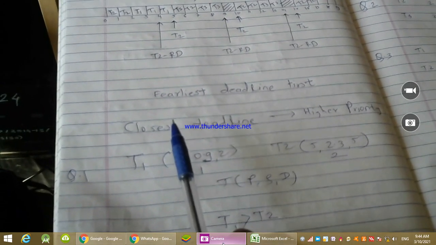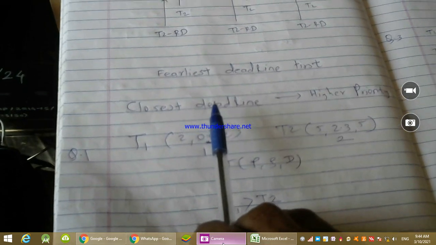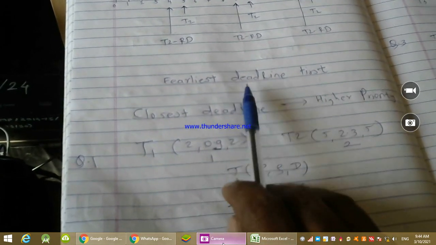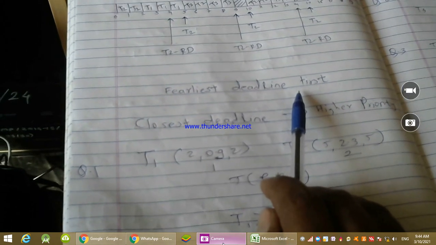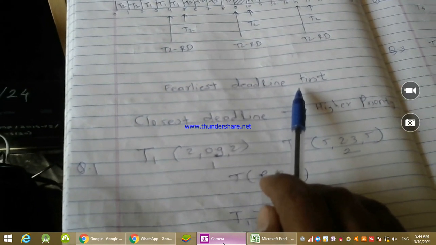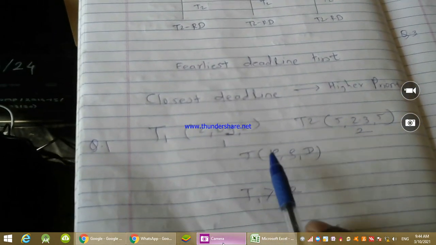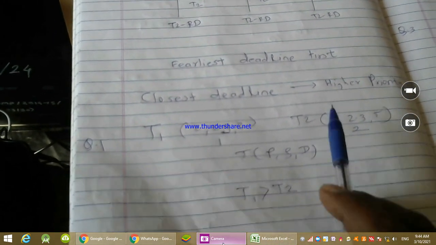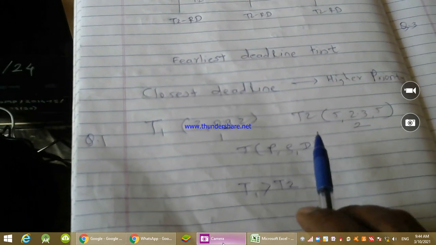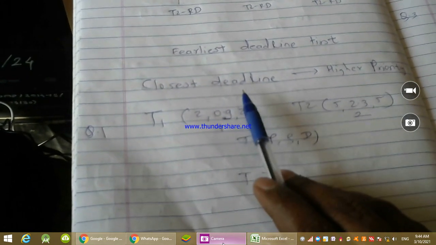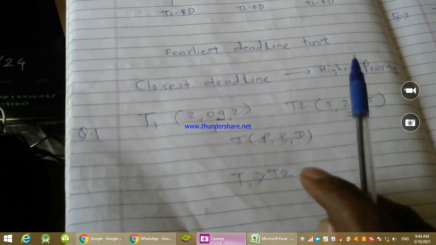So that's why the name is earliest deadline first. And why does it come under dynamic? Because dynamically, at the time of execution of the different tasks, this priority may change according to the closest deadline of a particular task. Suppose here T1 and T2.